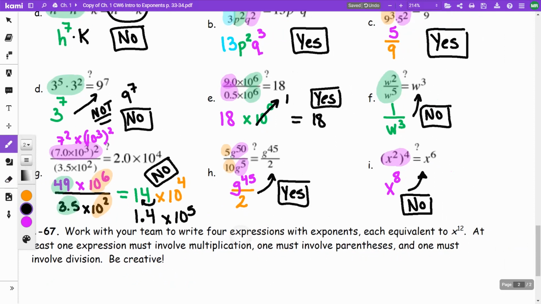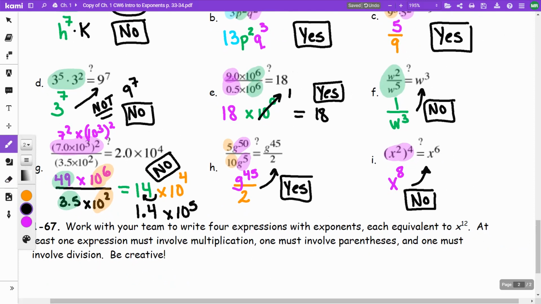Now on 1-67, they want you to come up with 4 different ways that you can write x to the 12th. And they basically want one that's going to involve multiplication, one that's going to involve parentheses, and one with division.